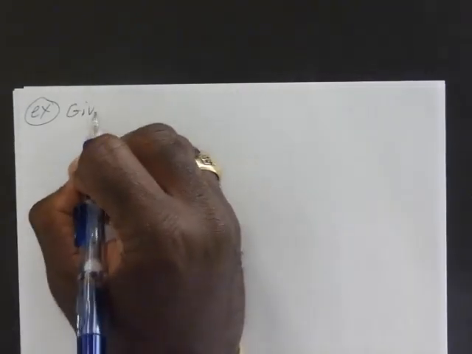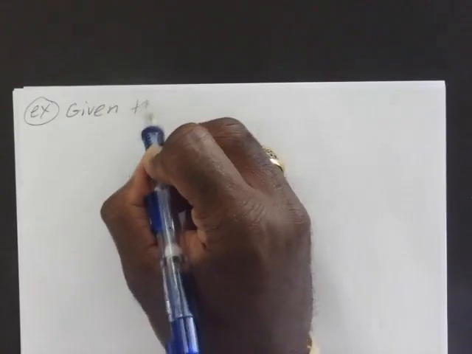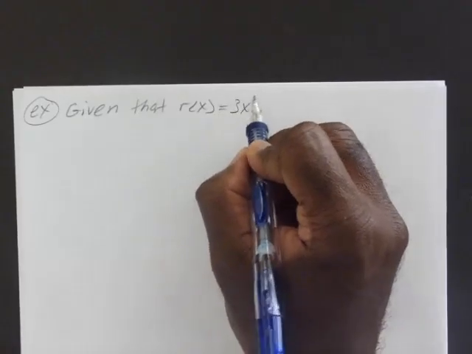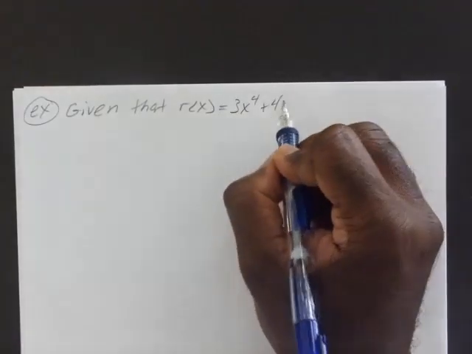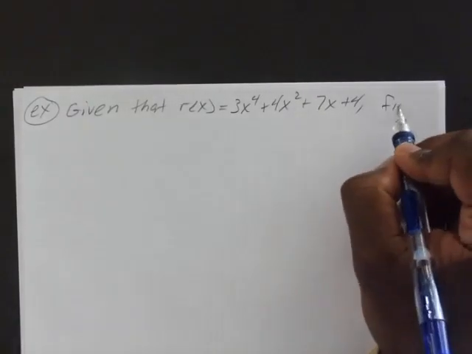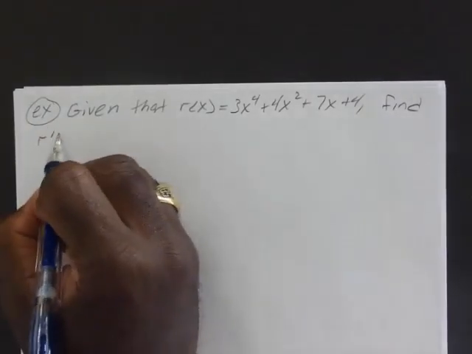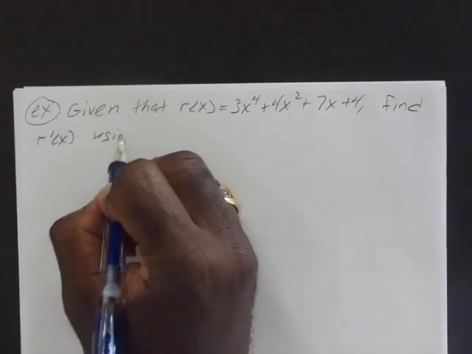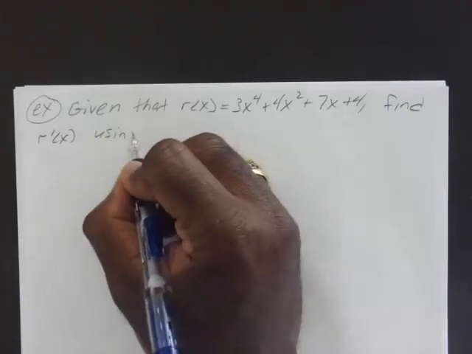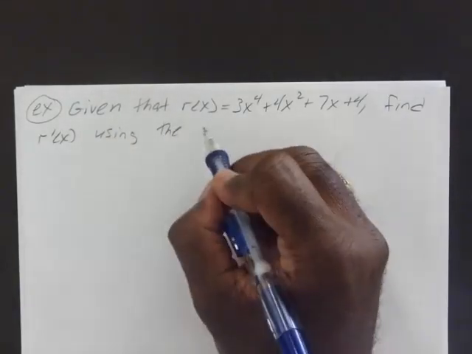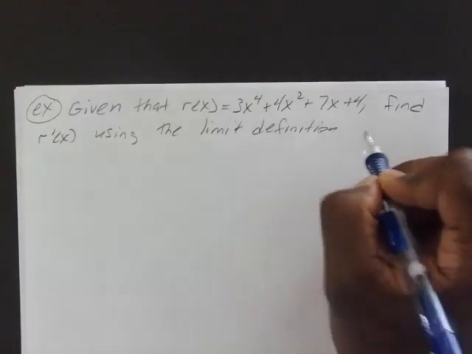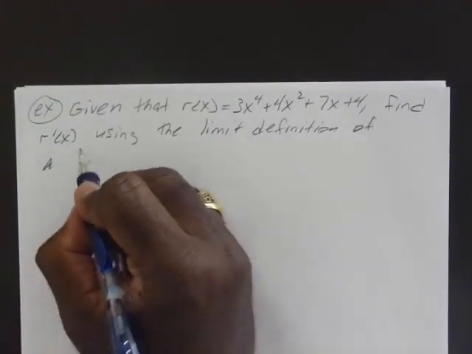Okay, so let's say it's given that r of x is equal to 3x to the fourth power plus 4x squared plus 7x plus 4. We want to find r prime of x using the limit definition of a derivative.